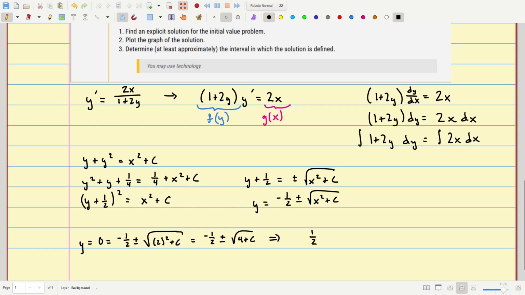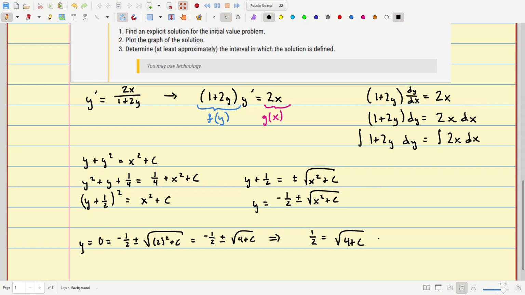We're going to add 1/2 to both sides. That's going to make us need to choose the positive square root in order for our initial condition to make sense, leaving us with the square root of 4 plus c on the right-hand side.